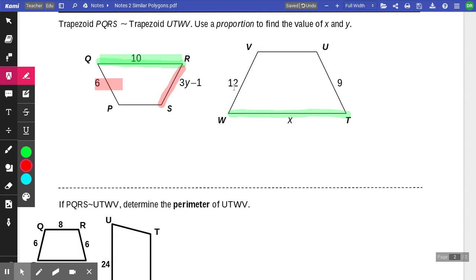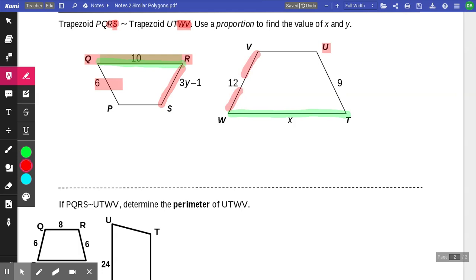Well, upon further inspection, we don't want to guess here. We look, 3y minus 1 is on side RS, and that's the last two letters of this. And if we look here, WV is the last two letters here, and so 3y minus 1 corresponds to WV, so that would be 12.